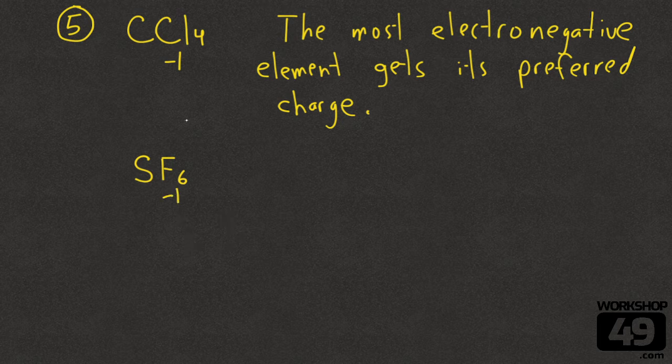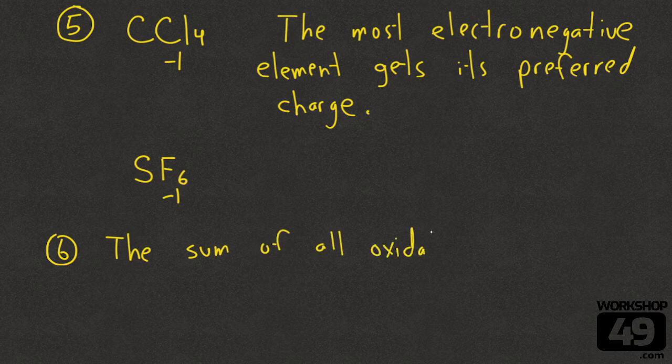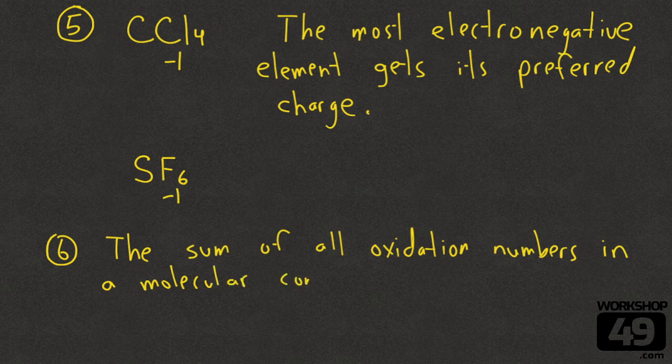Now this helps us out, because rule number 6 is that the sum of all oxidation numbers in a molecular compound must be 0.